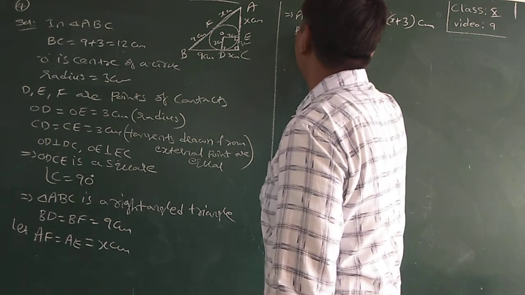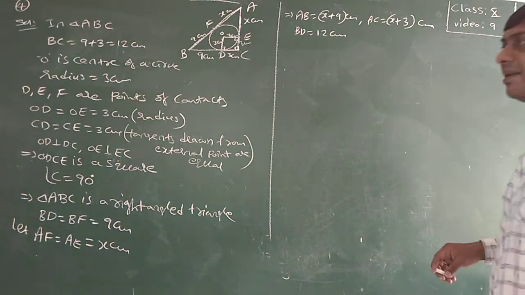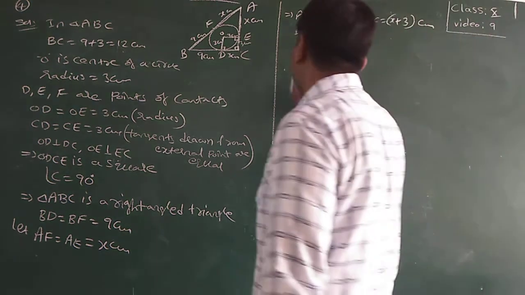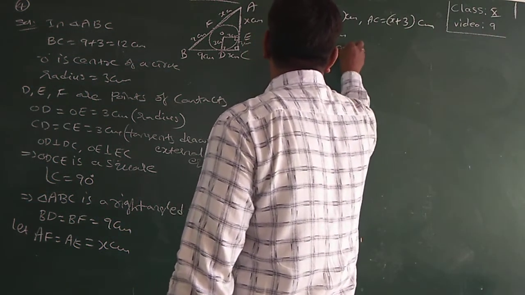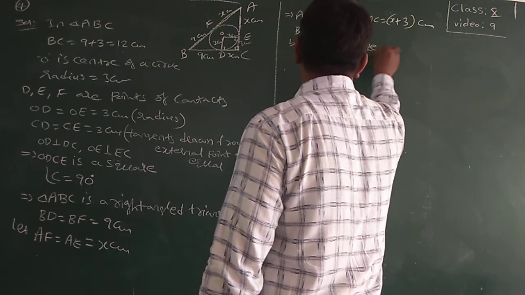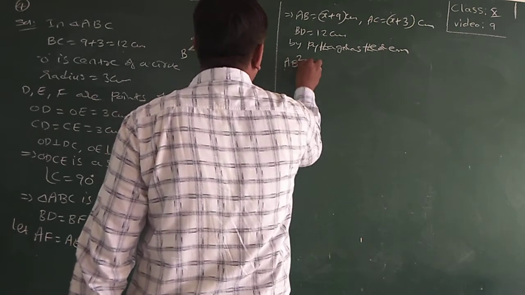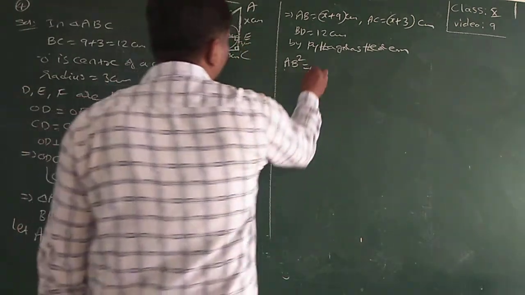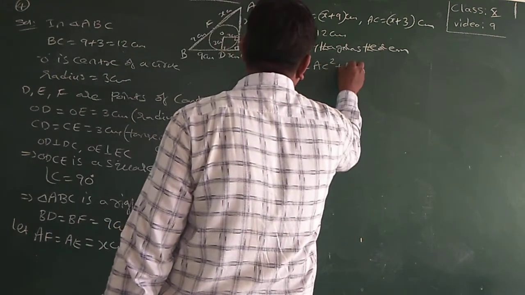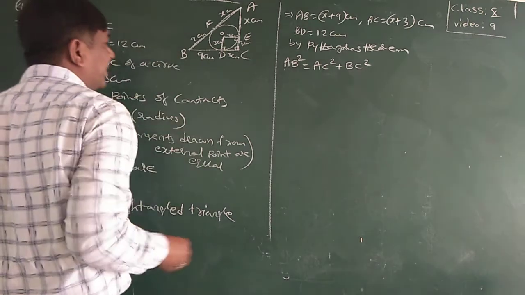BC is equal to 12 centimeters. By Pythagoras theorem, AB square is equal to AC square plus BC square, because this will be the hypotenuse.